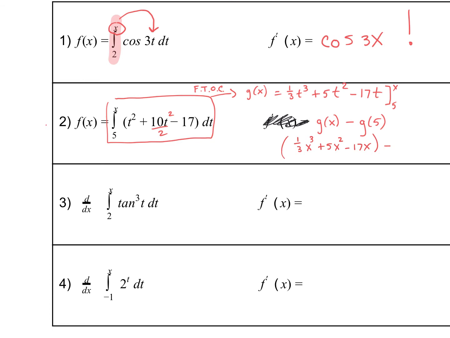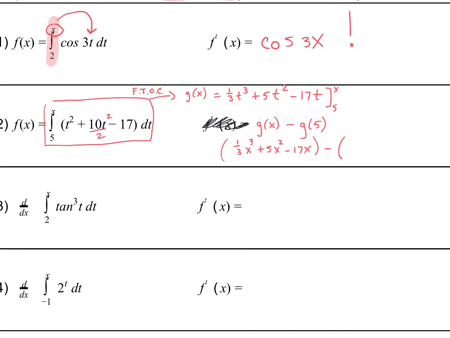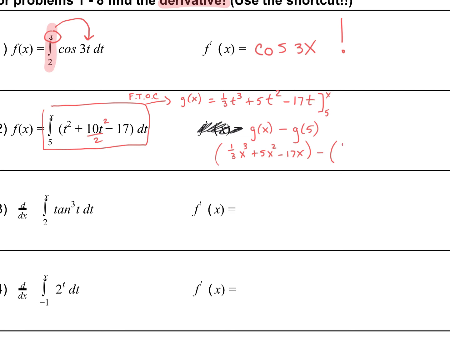And then when I plug in 5, that's going to look like this: 1/3 times 5 to the third plus 5 times 5 squared minus 17 times 5. Now, really, this thing right here is just going to be giving me some number. All right, so that's the first step. We solve the definite integral.